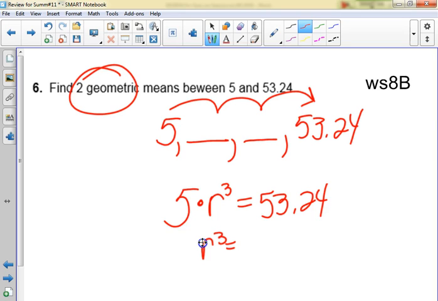5324. Again with the ugly. Divided by 5, to the what? Cube root or 1/3 power. 2.2, anybody?